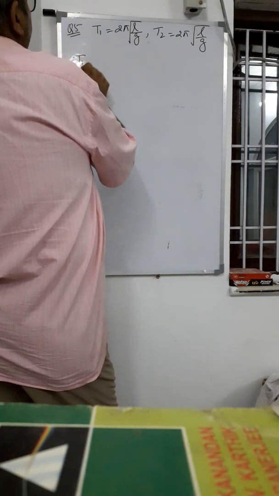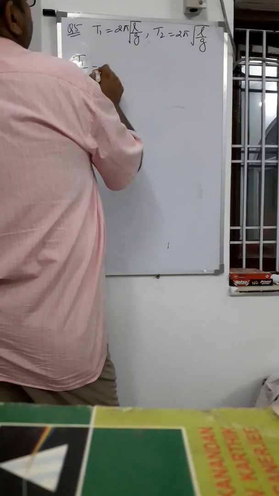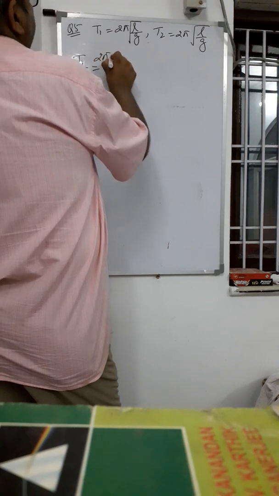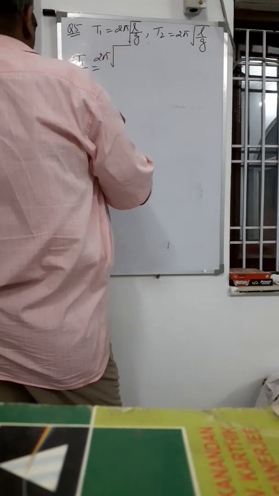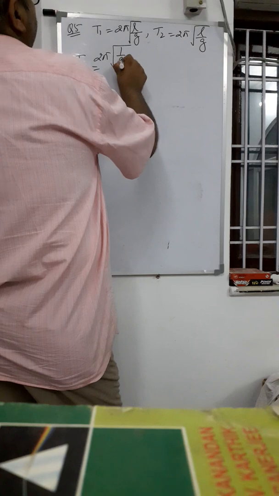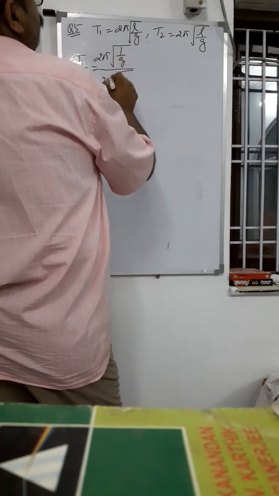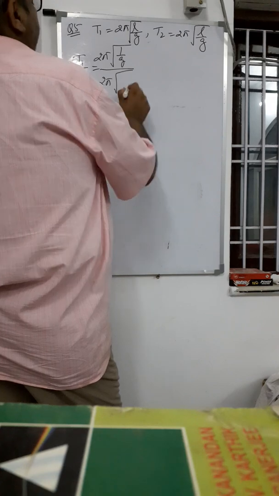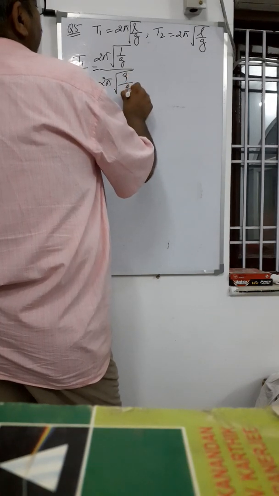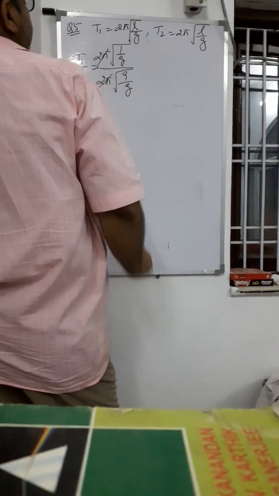T1 upon T2 is 2 pi under root, here length is 1, upon G, over 2 pi under root L is 9 meter, 9 upon G. 2 pi cancel.